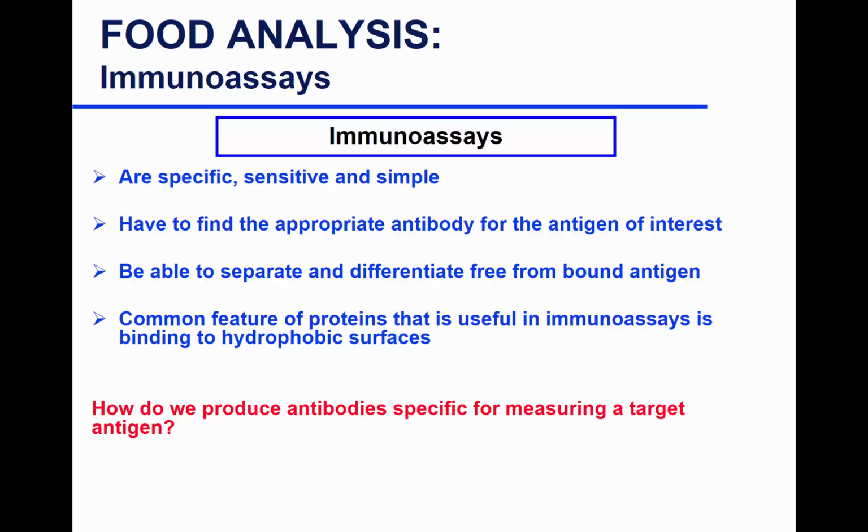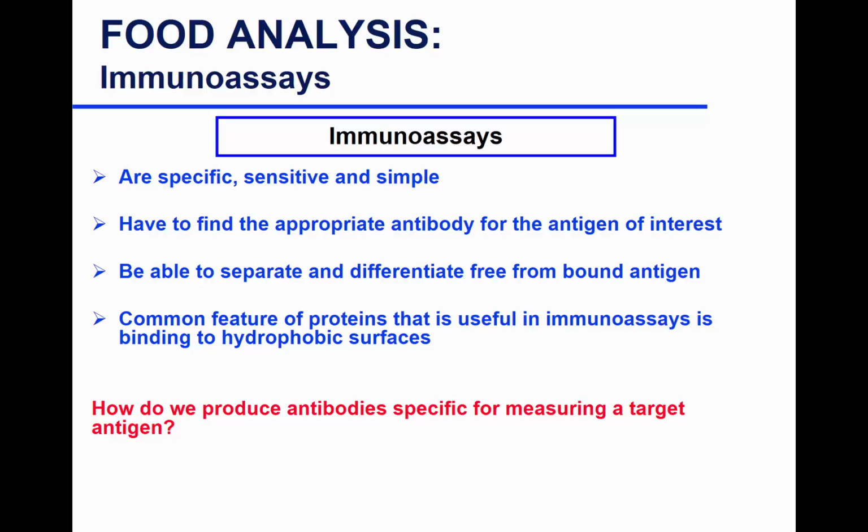As a must, we have to find the appropriate antibody for the antigen of interest that we are trying to quantify. And we want to figure out a way of separating antigen bound to the antibody from non-bound antigen in order to quantitate.